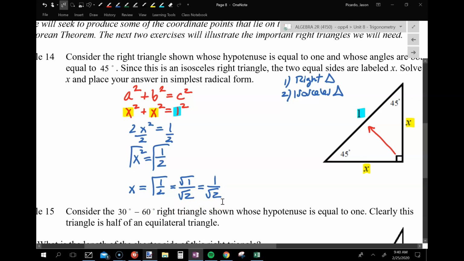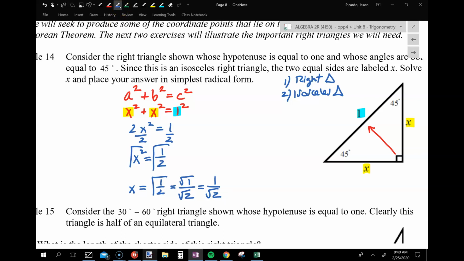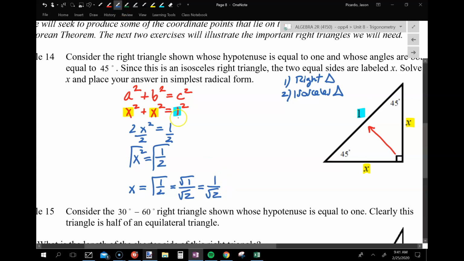We're getting there. What's radical 2 times radical 2? Radical 4, which is 2, right? So the technique that we actually used, guys, was if I multiply the bottom by radical 2, what do I also need to do? Multiply the top by radical 2. Because if I multiply the top and the bottom by radical 2, what's anything divided by itself? 1, right?